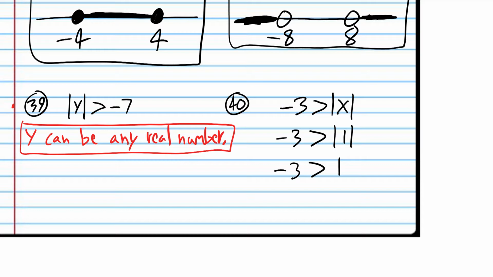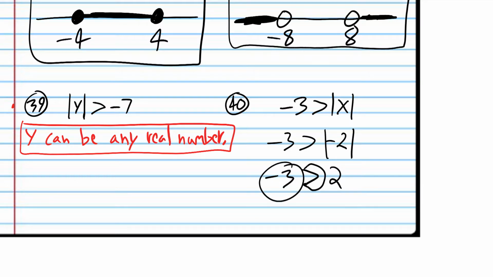It is not greater than 1, so that didn't work. Let's try plugging in -2. Absolute value of -2 is 2. Is -3 greater than 2? No, it's not. Again, you can use your Pac-Man. Pac-Man wants to eat the bigger one, but this is clearly not the bigger one, so it didn't work. If you get confused by this, you can always use Pac-Man.